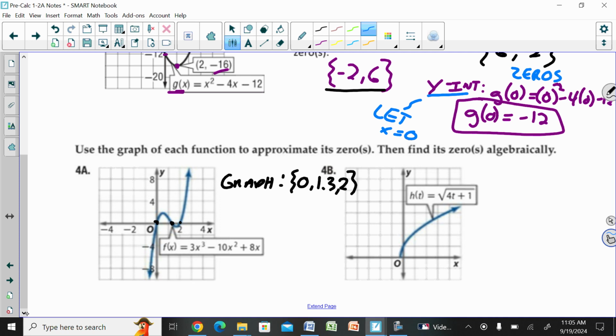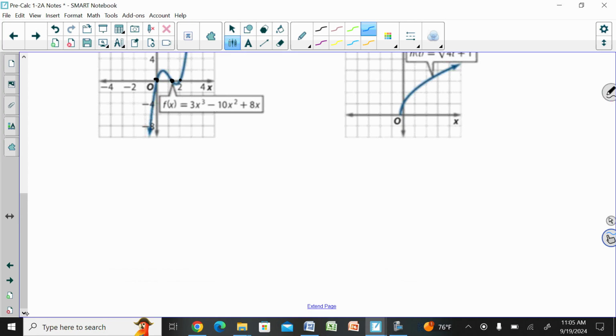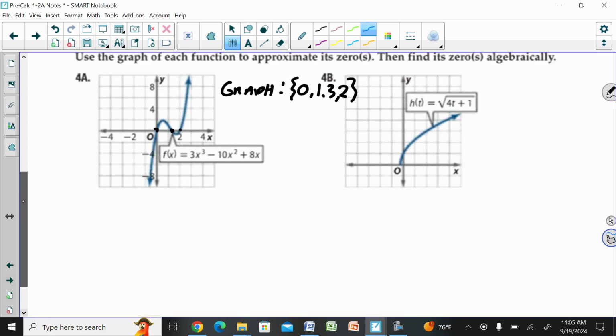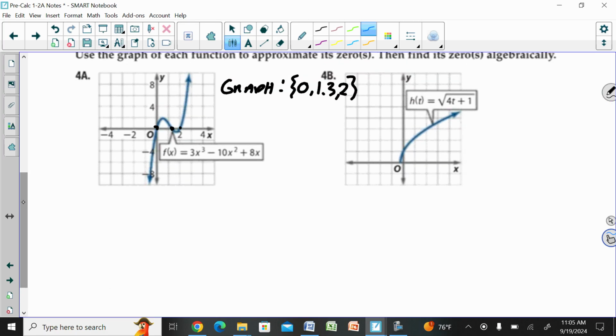We look good there. But now if we want to go algebraically, I'm going to extend the page just so I can work a little bit more algebraically here. Okay, so algebraically, I'm going to set this function equal to 0. So 3x cubed minus 10x squared plus 8x. And I'm just going to try to solve this. So first thing I'm going to do is try to factor something out.